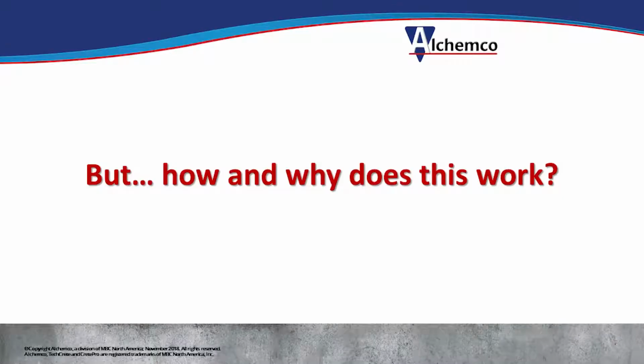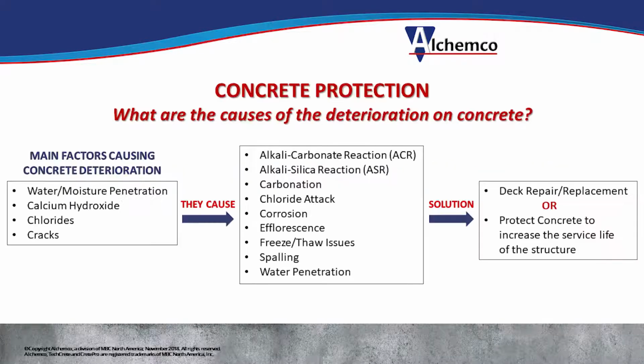Let's just explain why this works. I come back to this slide because this is the single most important slide of this presentation. If you're able to understand that these are the main issues that we see on a regular basis, and they happen because of these 3 or 4 items here, then if we are able to fix that, a lot of the issues are not going to happen.